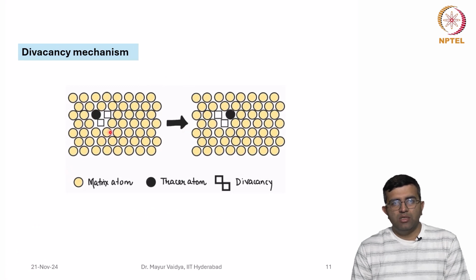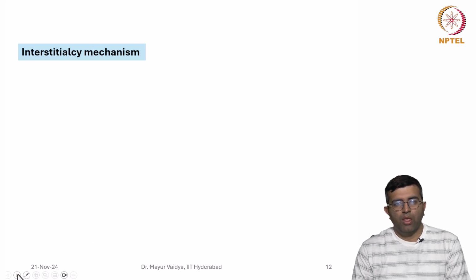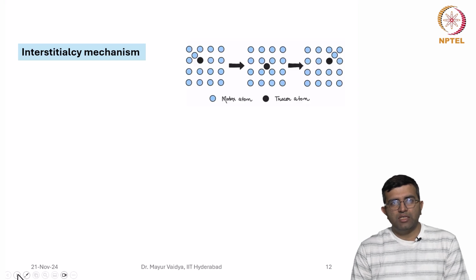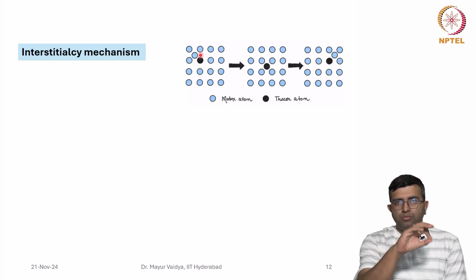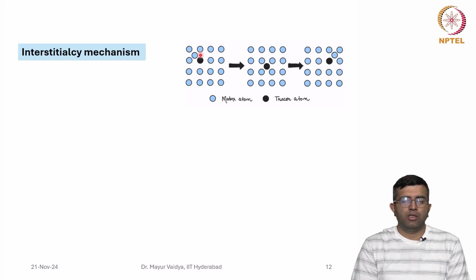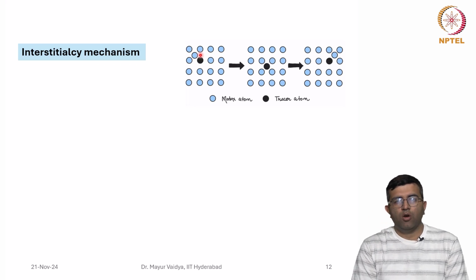Then the divacancy mechanism basically refers to the movement of atoms by exchanging position with a divacancy. Then the interstitialcy mechanism. Remember the difference between the interstitial, a solute, and the interstitialcy, sometimes called self-interstitials.